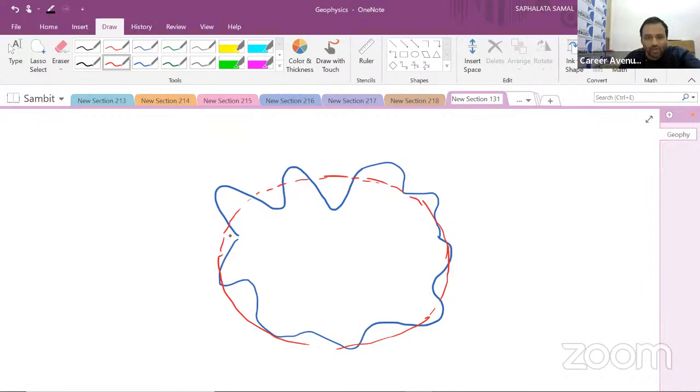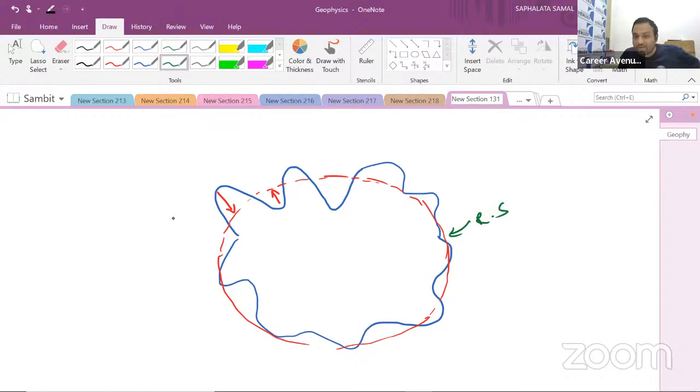So we are going this down, but we are going this up. This is not the correct thing to say, but to imagine what the reference spheroid is, I'm giving you this example: just averaging out all the shapes protruding outside or the depressed spaces. This is the reference spheroid.